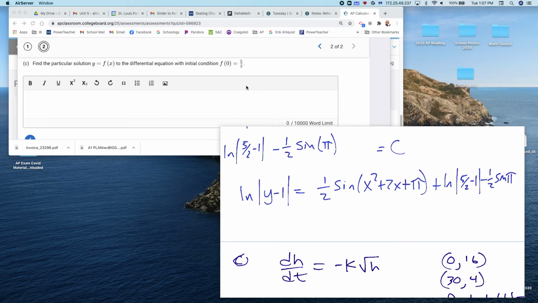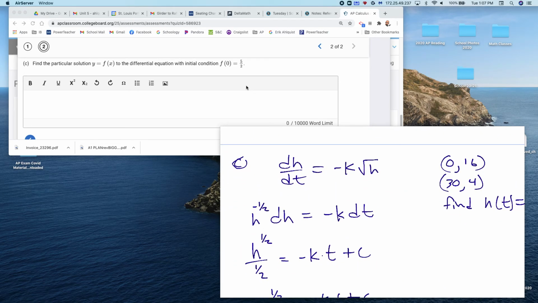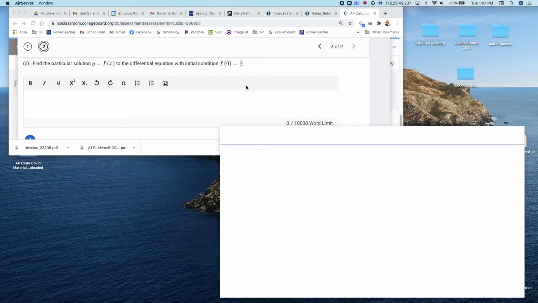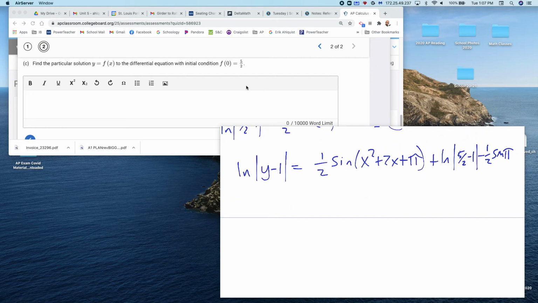What I am going to do on this problem, let me clear this page here. What I'm going to do on this is I'm going to use e and I'm going to add 1.